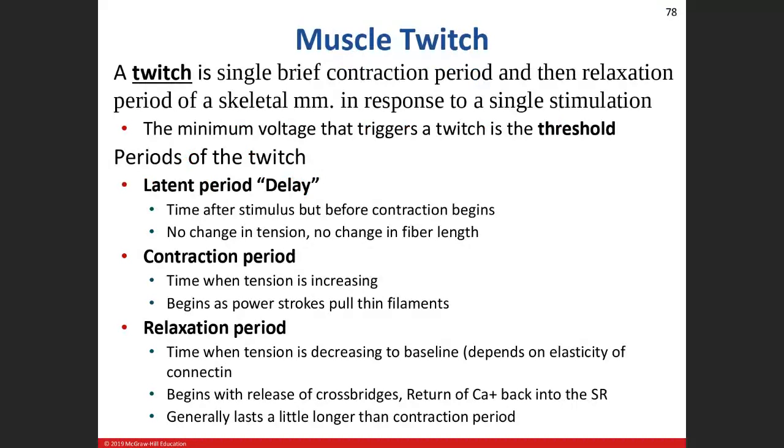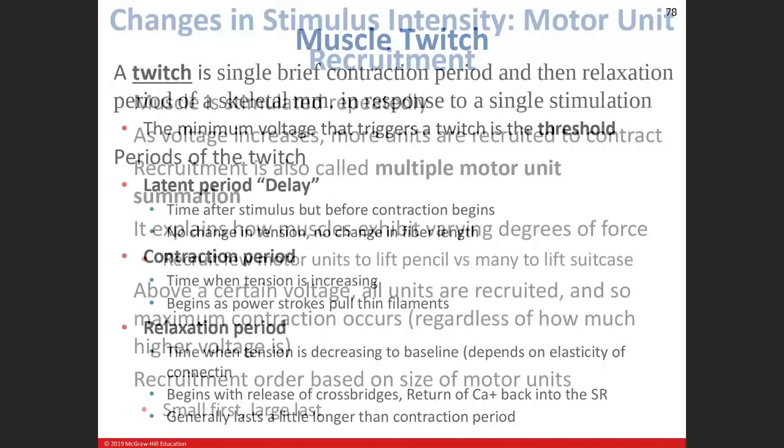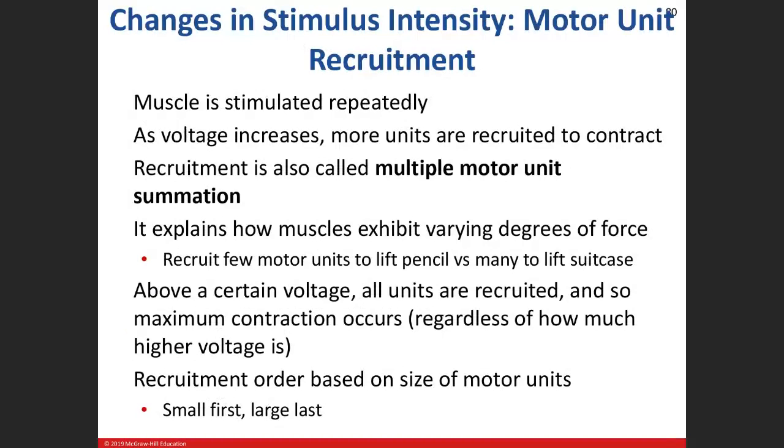So now we're going to talk about recruitment. What that means is it's just like Army recruiting. When they go out recruiting, they're going to try to get more and more people. When we talk about motor unit recruitment, we're going to try to increase the amount of what we call motor units, or muscle fibers and their neurons, the motor neurons that innervate them.